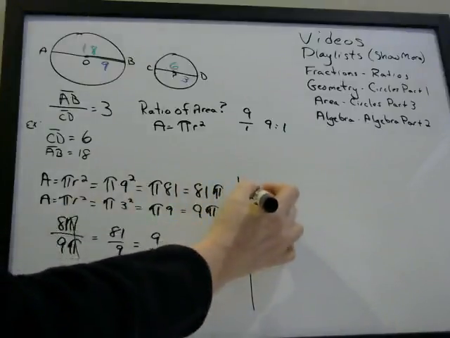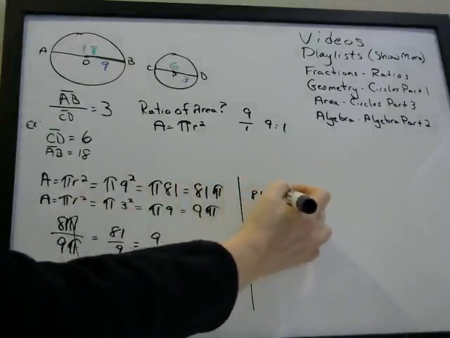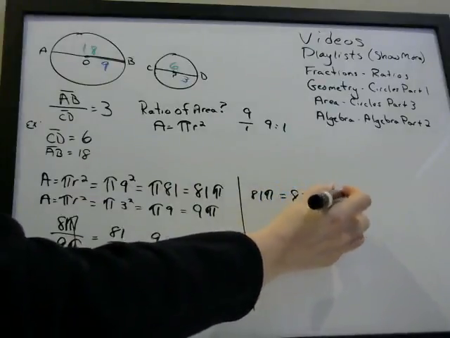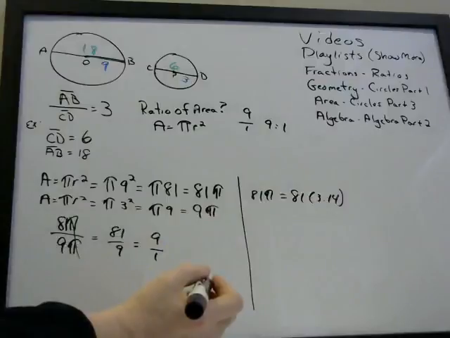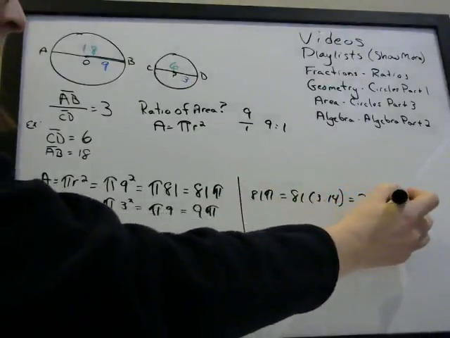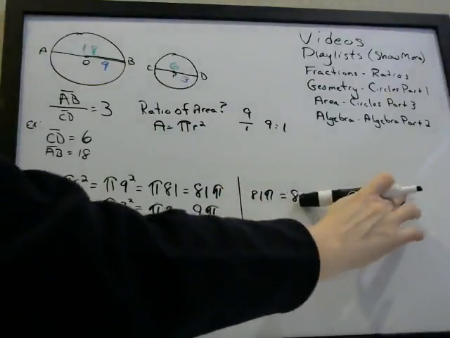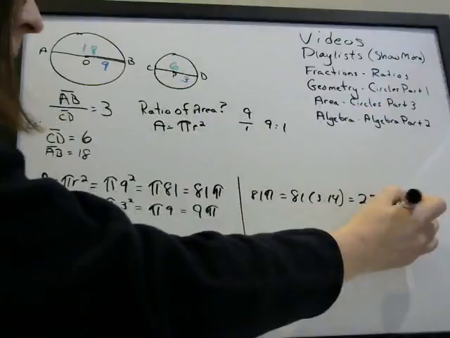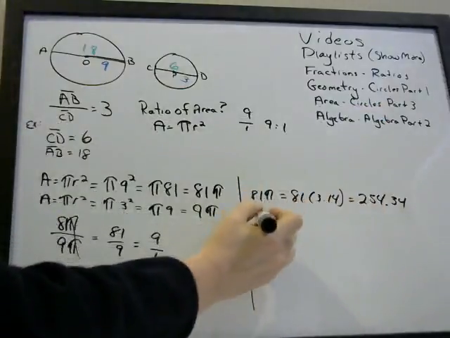So 81 pi, remember pi is just a number, 3.14. So we can get your calculator out and do the multiplication, and you would get 254.34.